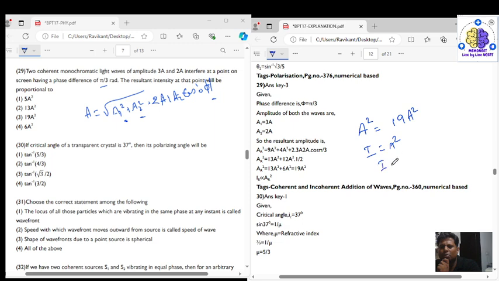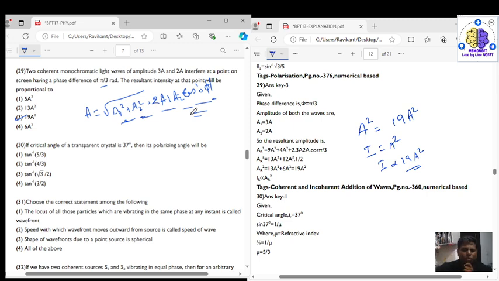So I will be proportional to 19A square, right? So the correct answer for this question is option 3, that is 19A square. So basically we are using the formula, the resultant amplitude A is equal to under root of A1 square plus A2 square plus 2 A1 A2 cos phi, right?